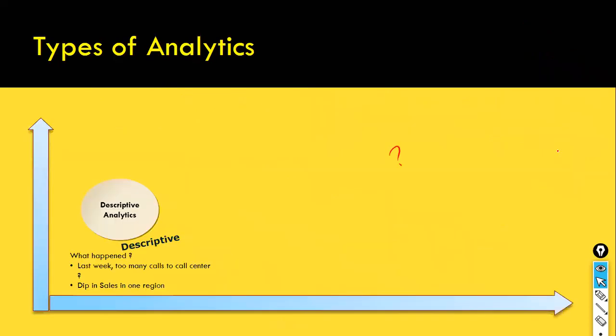Okay, so next, what we will do is we'll try to understand the types of analytics. The first type of analytics is descriptive analytics. In descriptive analytics, what we do is simply we create the dashboard or report.